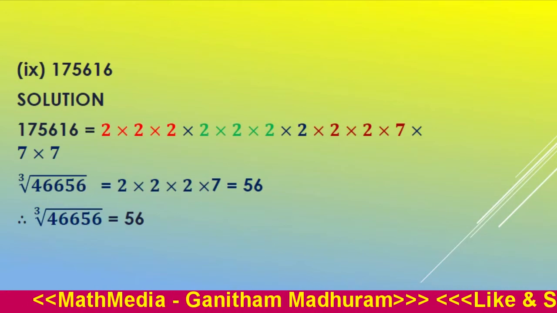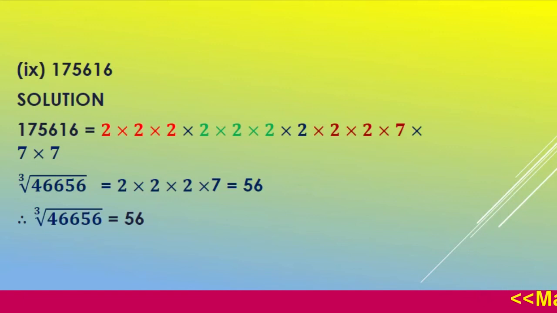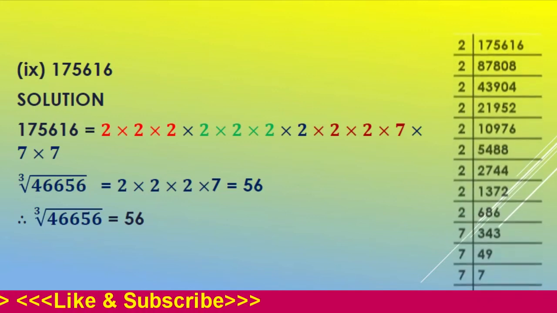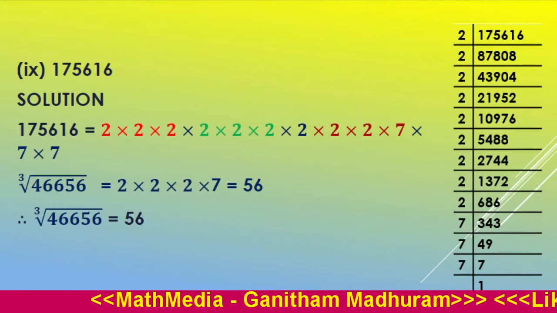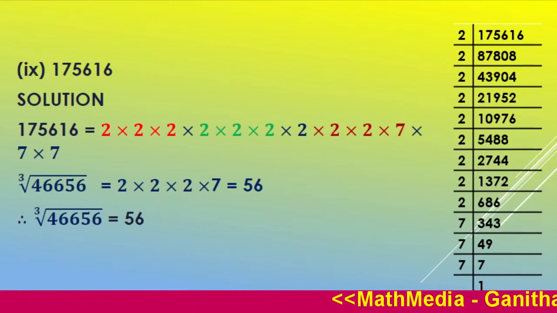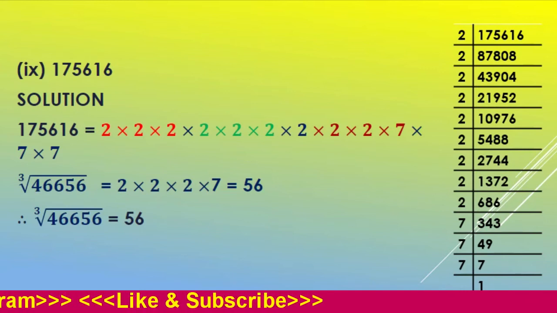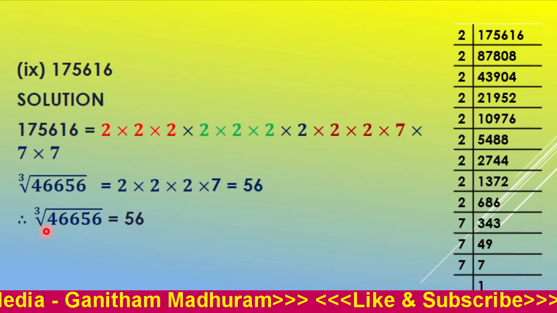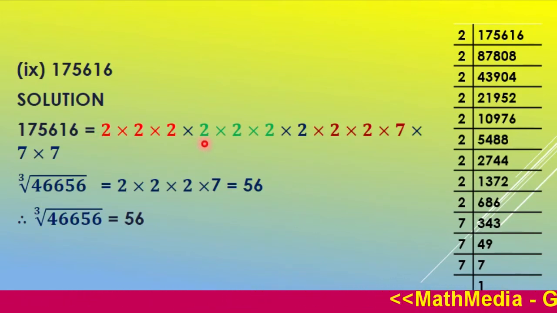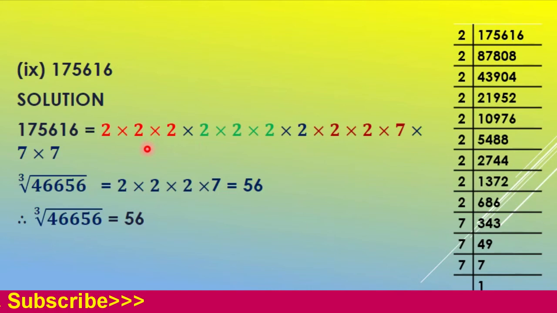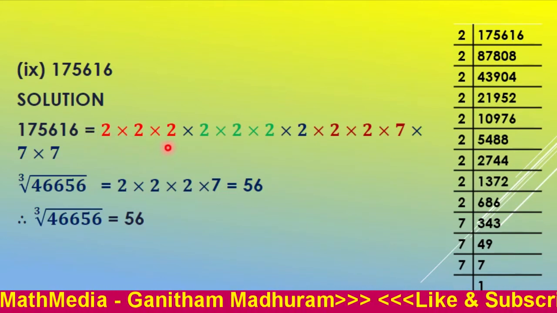And the next question, 1,75,616. First we have to do the prime factorization of 1,75,616. The prime factors are 9 2's multiplied by 3 7's. And in the next step we have to make a group of 3.